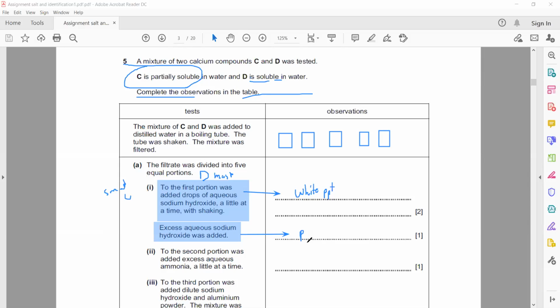The precipitate will be insoluble, it does not dissolve. To the second portion, you add aqueous ammonia. If you add aqueous ammonia and a compound contains calcium, then there is no visible change, no observation.